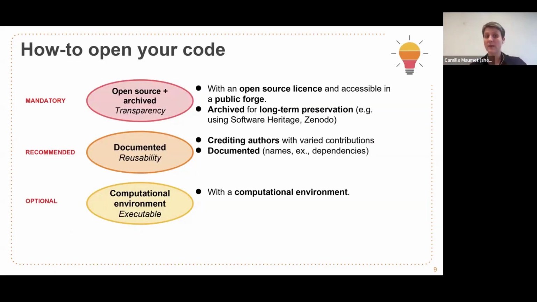And if we want to go one step further, we can add some documentation for reusability, including crediting authors. And we've seen a number of best practices, including using meaningful names and listing dependencies, using a README, and having a structure that is very clear about which files are used to reproduce which figure, and so on.